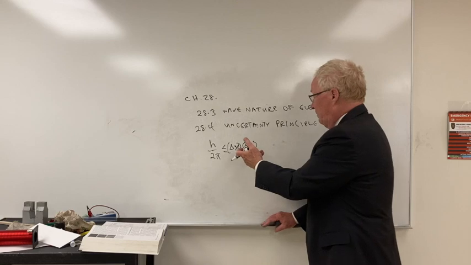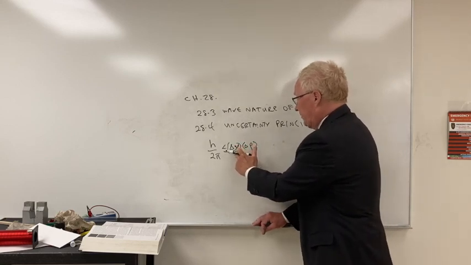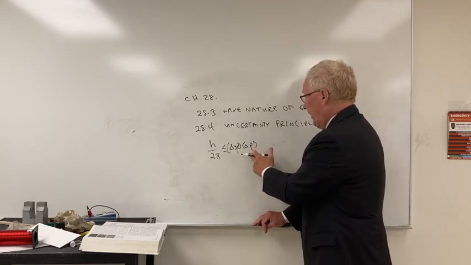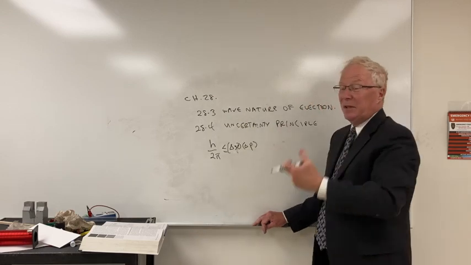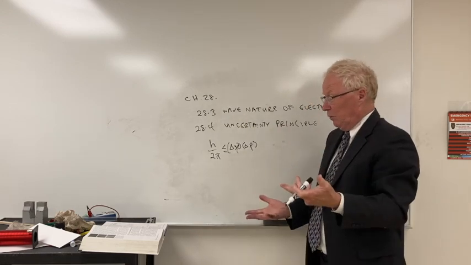Meaning the better we have its accuracy where it actually is, the more uncertainty we're going to have in its speed. Because you hit it, it's going to affect where it's located.